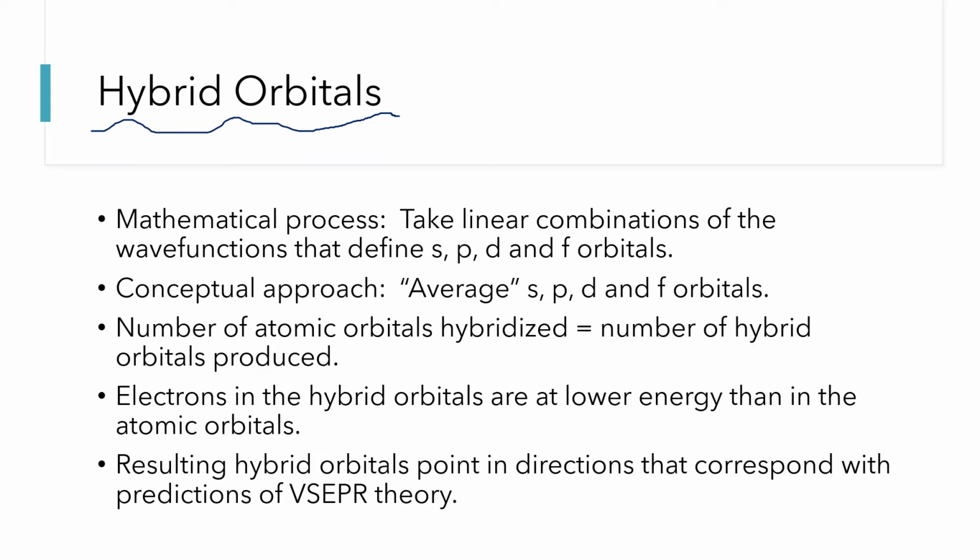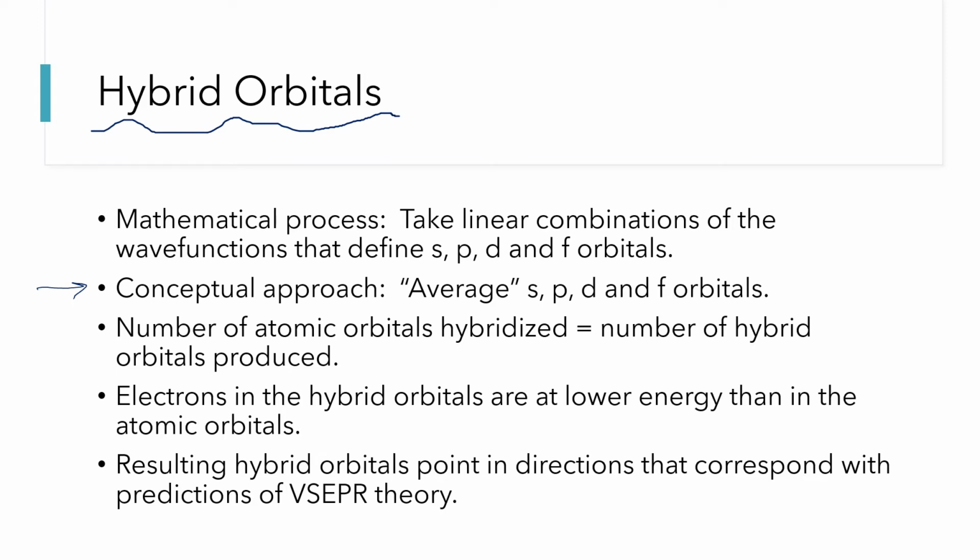That's really advanced math, like graduate level math. So let's look at this from a more conceptual side. Think about it this way. We're going to create some sort of an average orbital, where we average maybe an s orbital with a p orbital, or average an s orbital with a couple of p's.